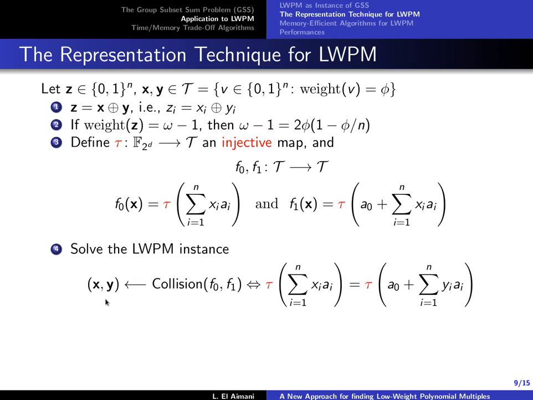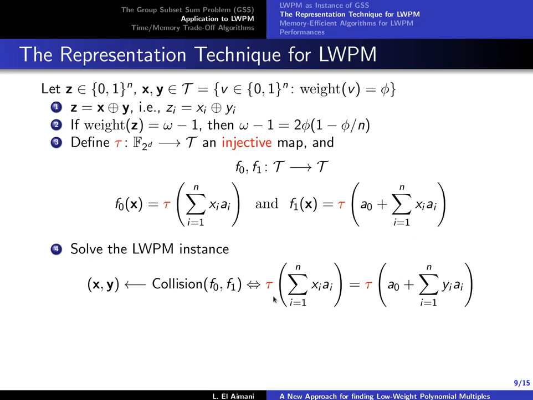Now let x and y be a collision of f0 and f1. That means that f0 of x equals f1 of y. So this means that tau of this quantity is equal to tau of this quantity.